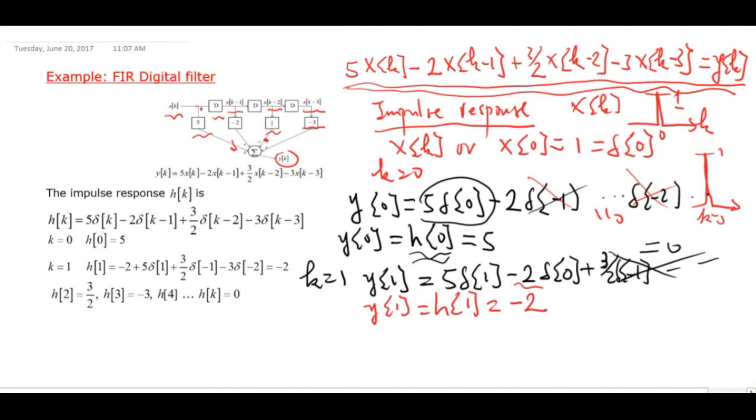Similarly, we can substitute to get h3 is equal to minus 3.